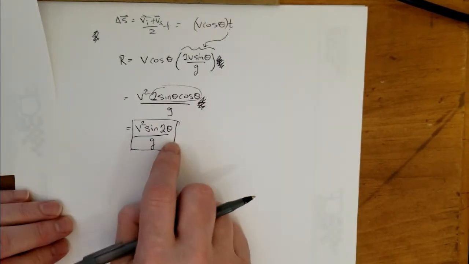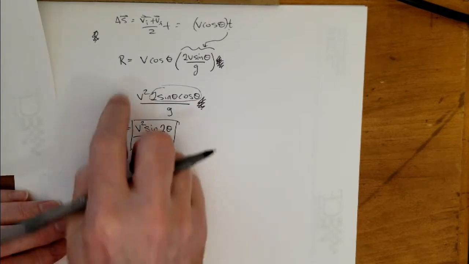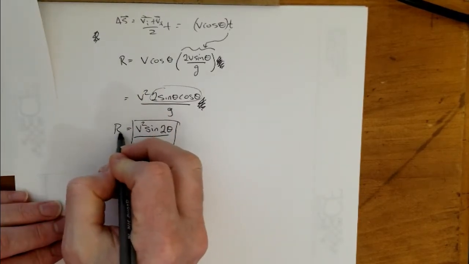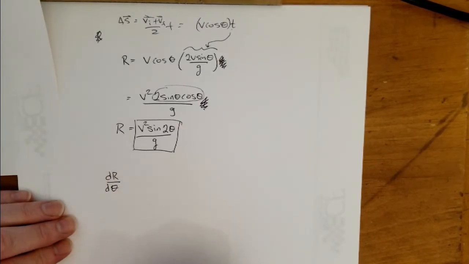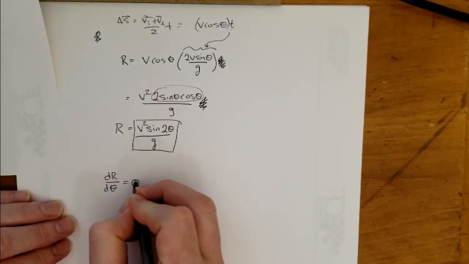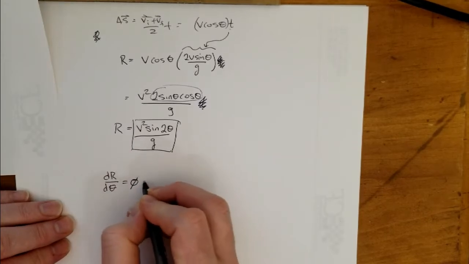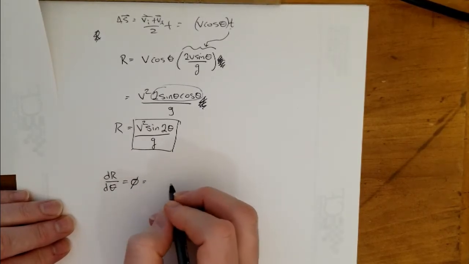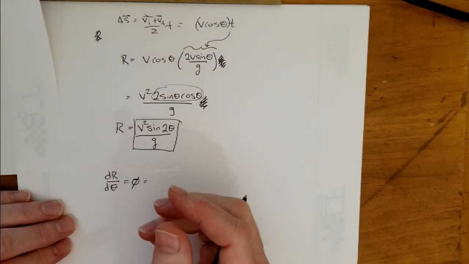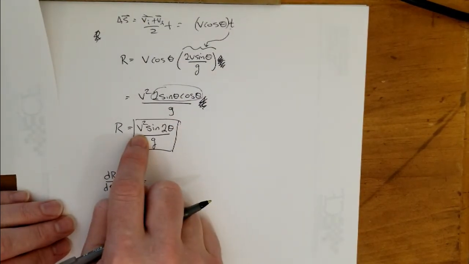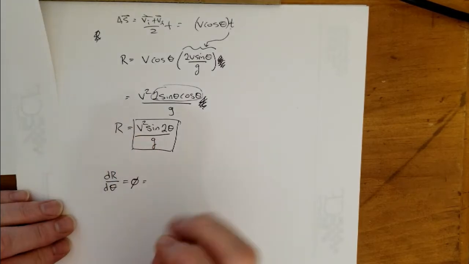Now we can find the angle which will produce the maximum distance. So in other words, I want to find the maximum of this value for r here. So with respect to the angle, dr d theta, I'm going to set that equal to 0. Since the initial speed is some constant, it happens at a single moment.